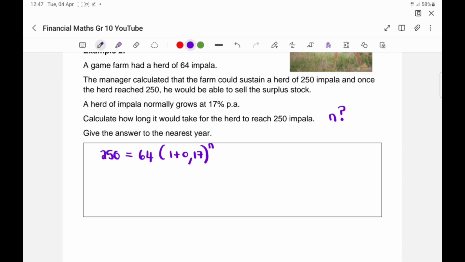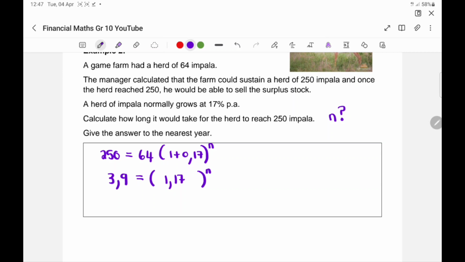So 250 divided by 64 gives you 3.9, because that's the first step. You divide by 64 on each side. Then you get 1 plus 0.17, all raised to the power n, which you can simplify to 1.17. So then it's just a guessing game.